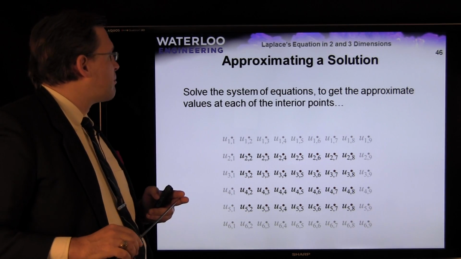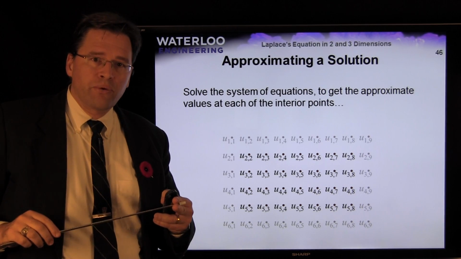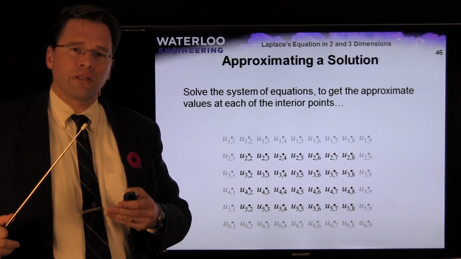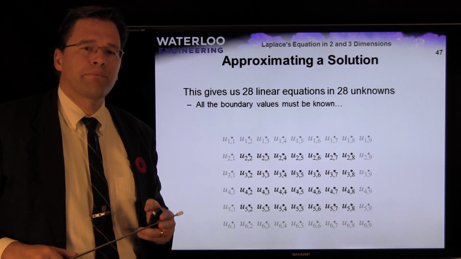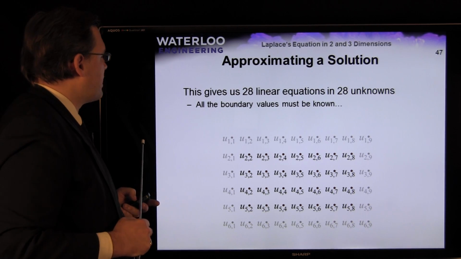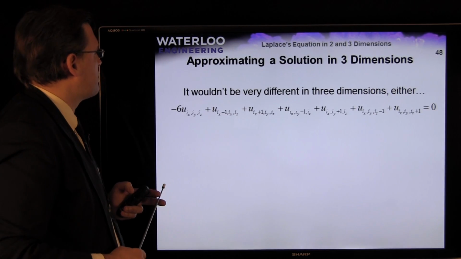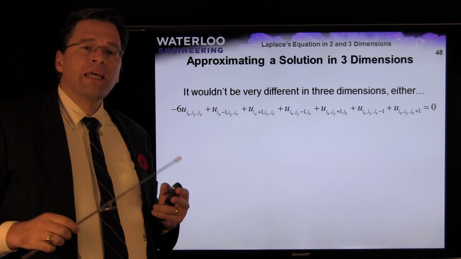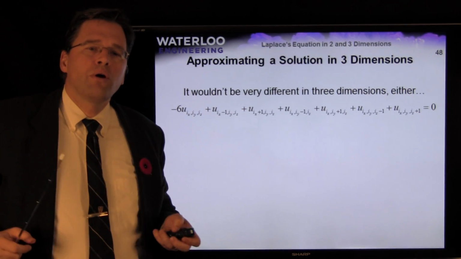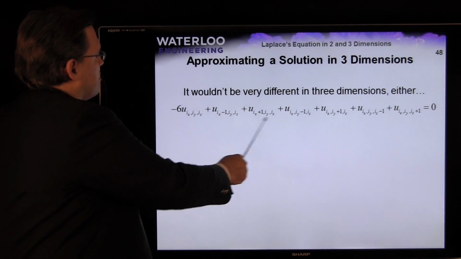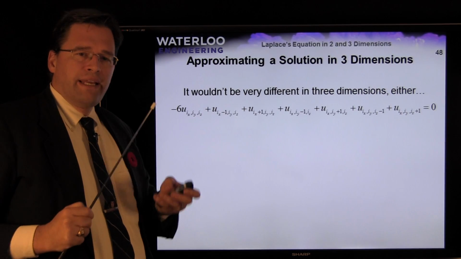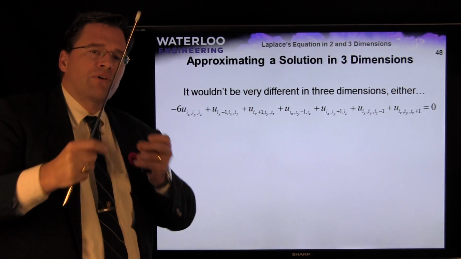This is going to give us a system of equations. We will solve that system of equations, and that's going to give us approximate values to the solution to Laplace's equation on the interior. Here we have 28 equations, 28 unknowns, and all boundary values must be known, otherwise it won't work. In 3 dimensions, it's almost the same, except now we're going to have an equation with 7 terms, an interior point and 6 points around it.